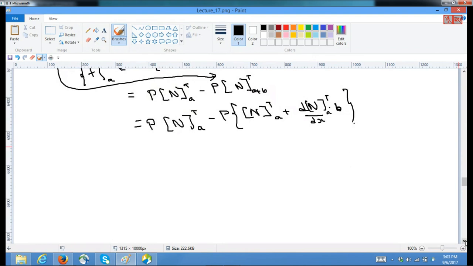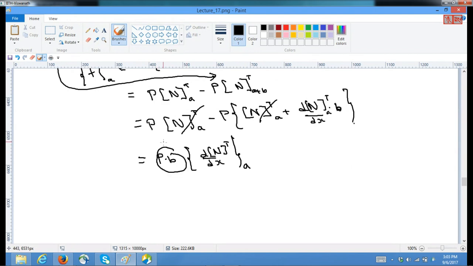So then this guy gets cancelled. So then I can write this guy as P into B times dN transpose by dx evaluated at A. But what is P times B?